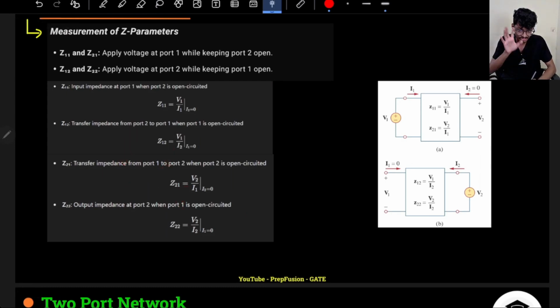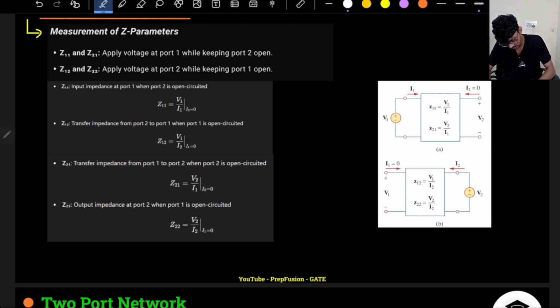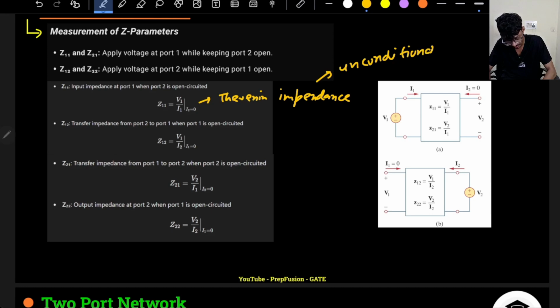Now there is a general misconception among students that Z11 is equivalent to the Thevenin impedance. But no, Thevenin impedance is an unconditional parameter. What do I mean by unconditional?